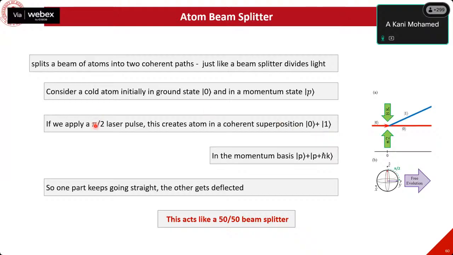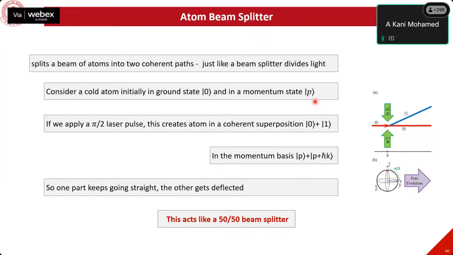If you use a pi pulse, all the atoms will go into the excited state. But if you use a pi by 2 pulse, half the atoms go into the excited state, and the atoms are in the superposition of ground and excited state.